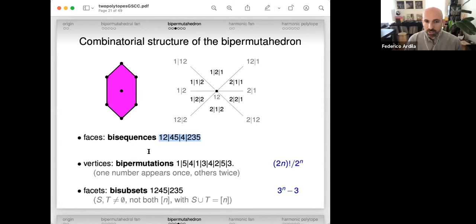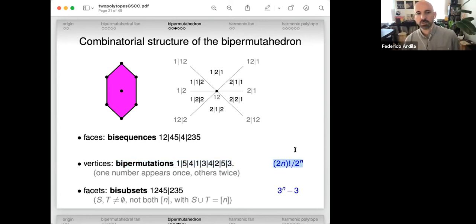I want to count them according to their dimension, right? For example, if I look at the vertices of the polytope, they correspond to the finest bisequences, which we call the bipermutations, where every block has size 1. And those are not hard to count, and you get that the number of them is this.